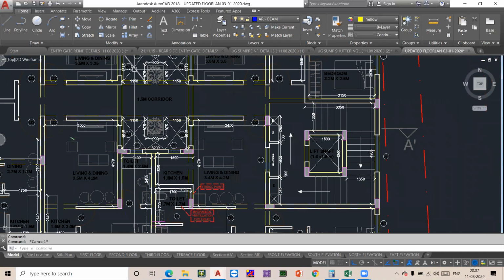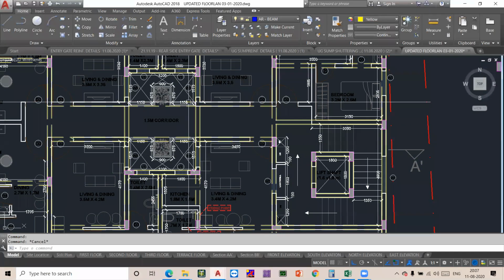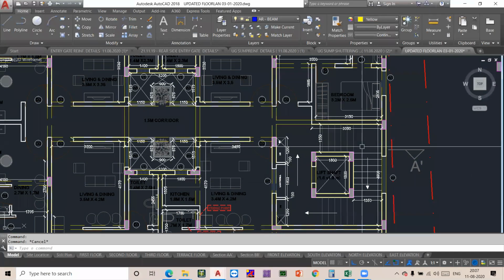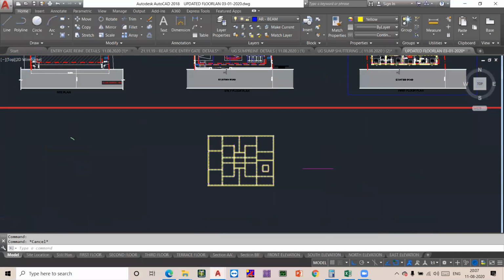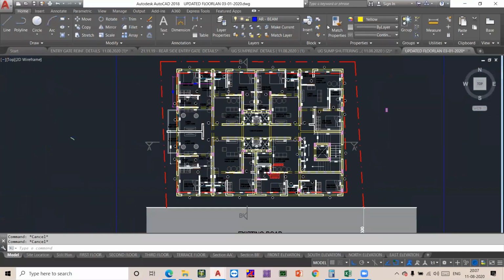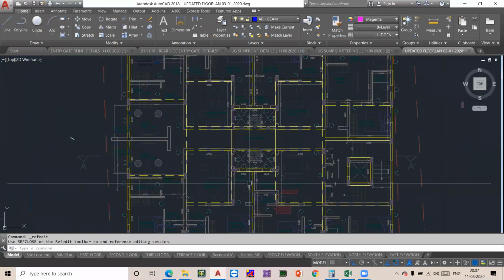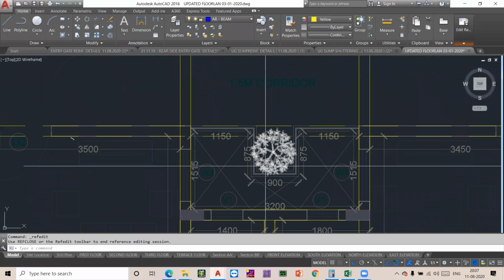Likewise, you can notice two cutouts. The no slab region will be termed as the cutout region. 1, 2, 3, 4. There will be 4 cutouts, and you need to mark them in here. You can do that superimposed on the architectural plan.